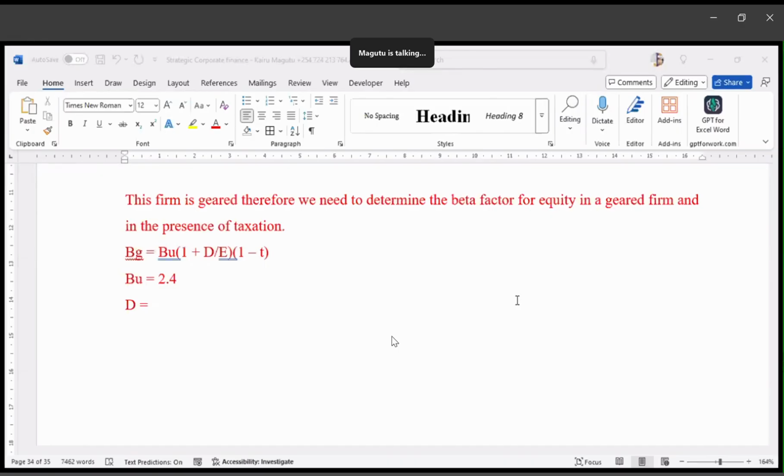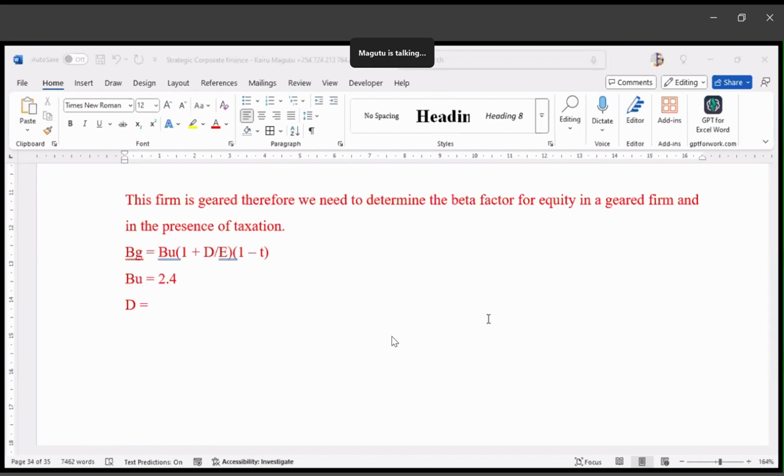Now we are told that Maraika Limited has a debt of 72. Nyabugogo Limited has a debt of 5,000. So once Maraika acquires this company, it will acquire the equity.